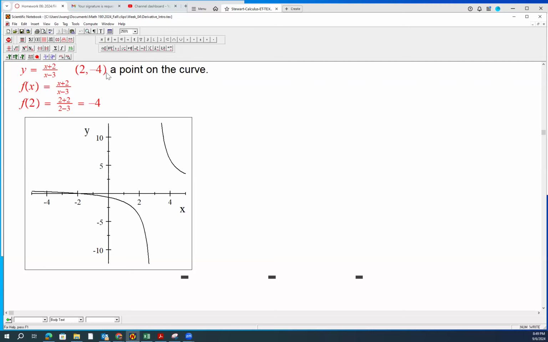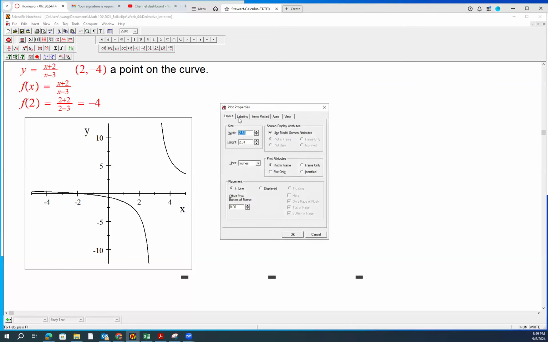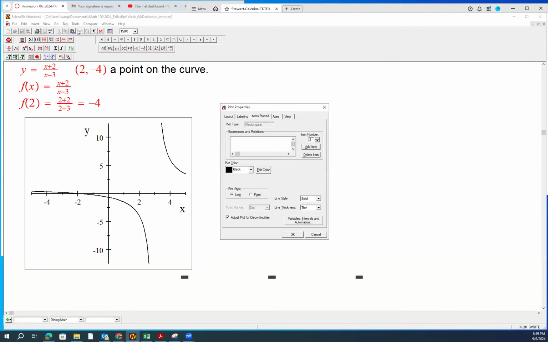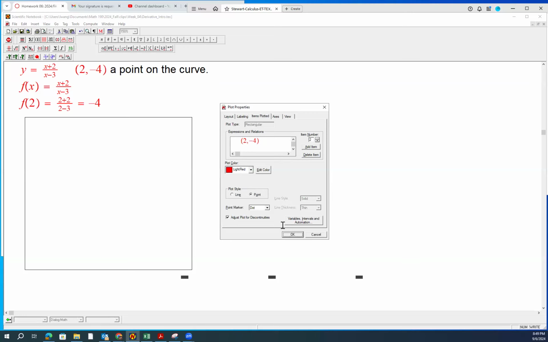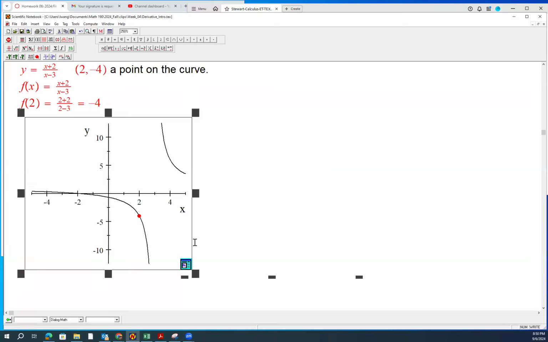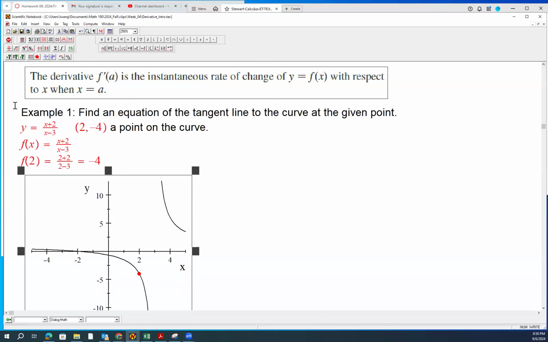So we're going to plot this point on the curve. So (2, -4). I'm going to make it a red dot. This is the point. And we want to find the equation of the tangent line to the curve at that given point.